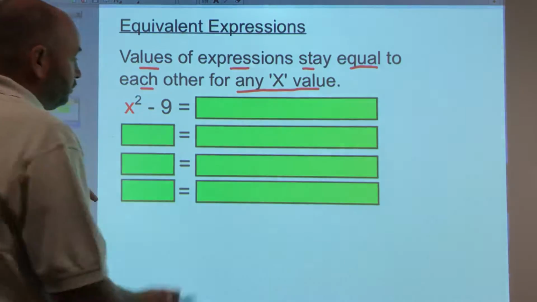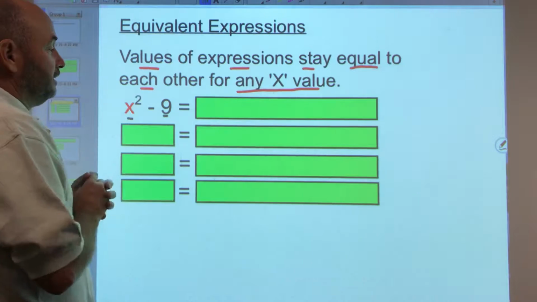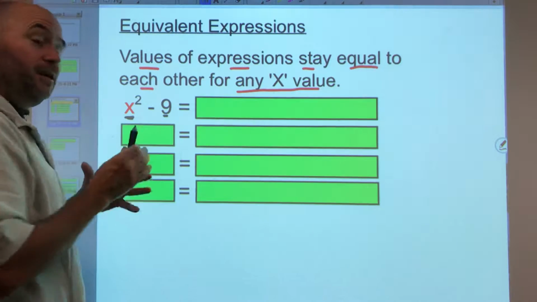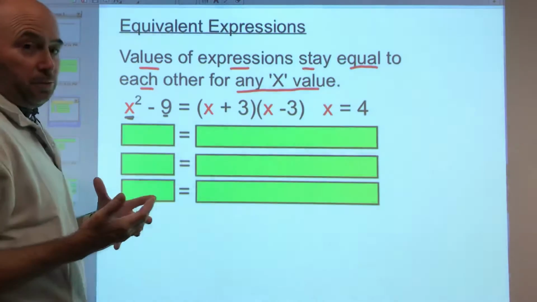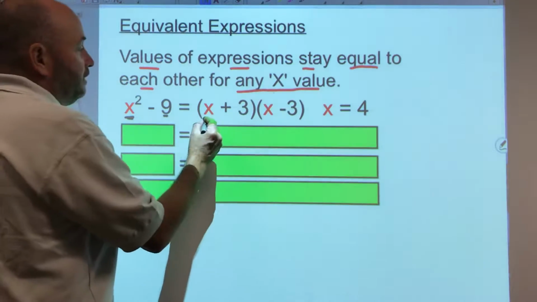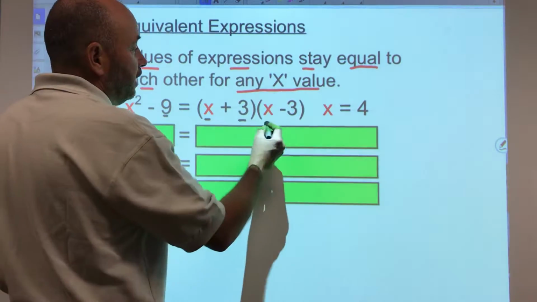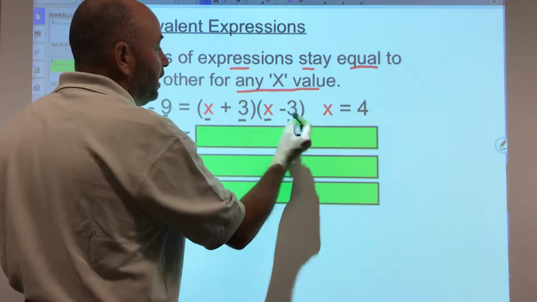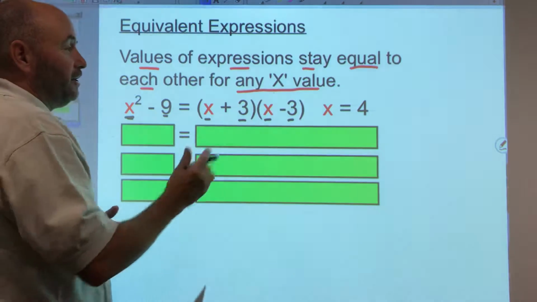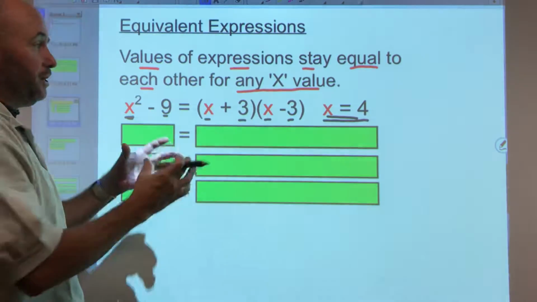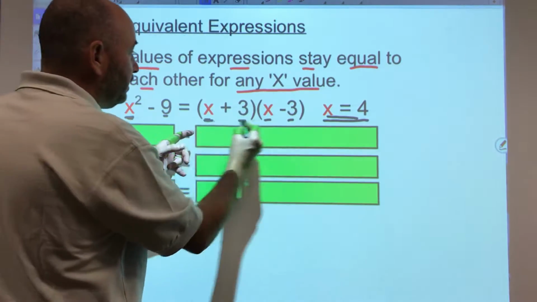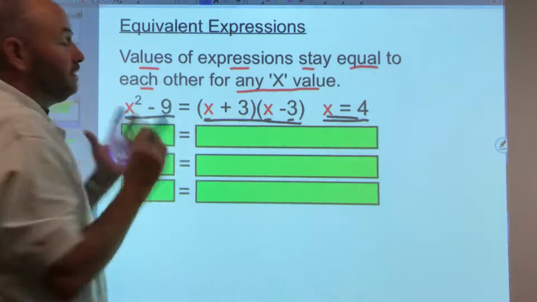This is 2x minus 9. The variable is x, okay? Now, it is equivalent to this expression. x plus 3 times x minus 3, okay? Now, in this case, they've given us a value of x so that we can actually compare and say, is this equivalent to this?